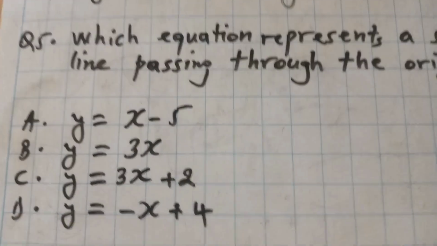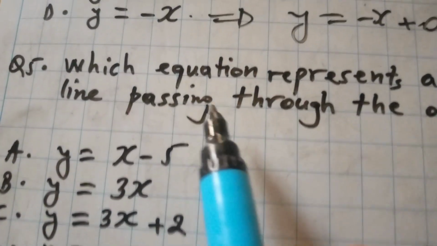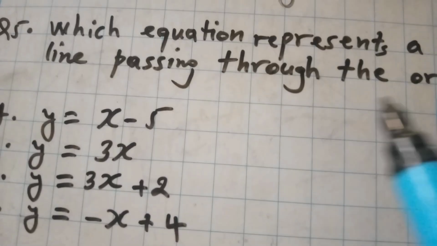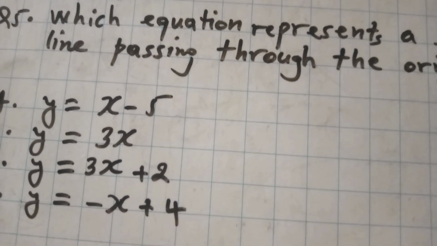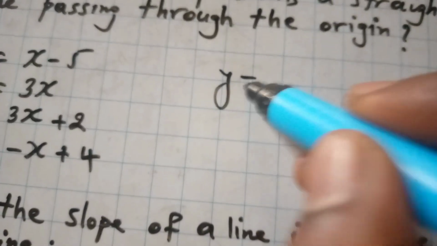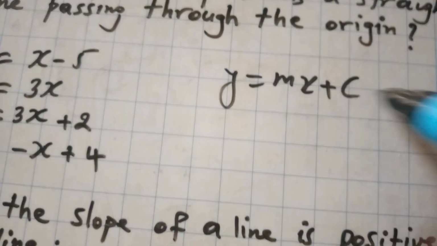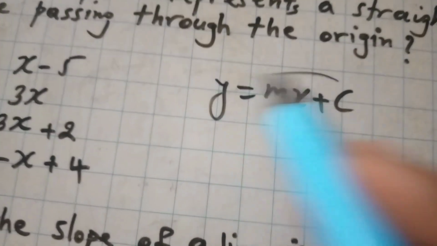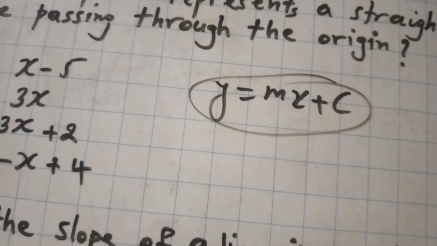Question number 5, which equation represents a straight line passing through the origin? You remember that y equal mx plus c is the general form of linear equation.